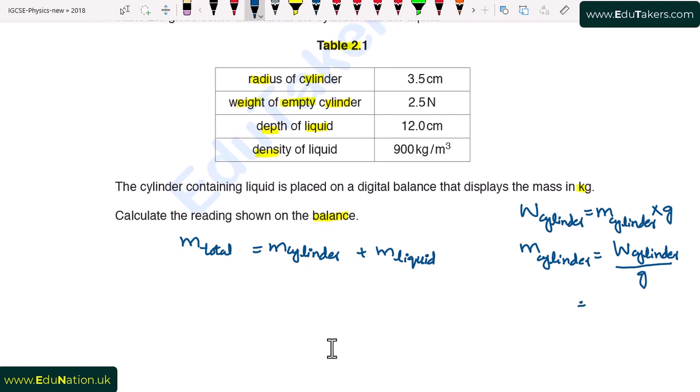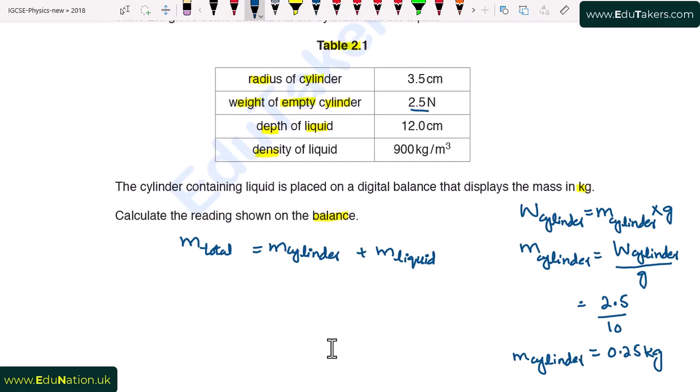Weight is given, that is 2.5 newton, and the value of g, acceleration due to gravity, is 10 meter per second square. So the mass of the cylinder comes to be 0.25 kilogram. It is the mass of the cylinder.